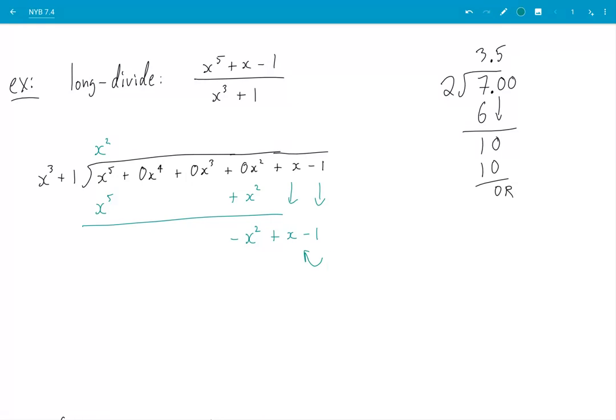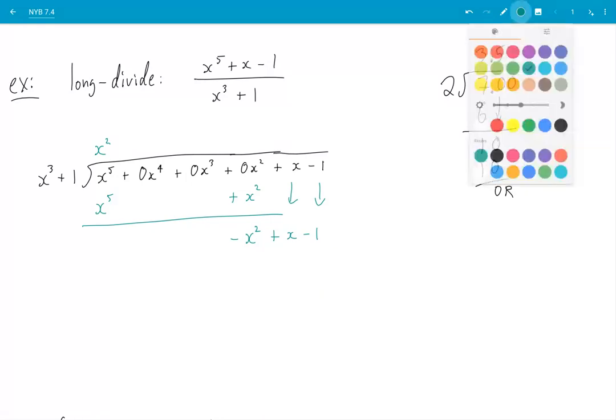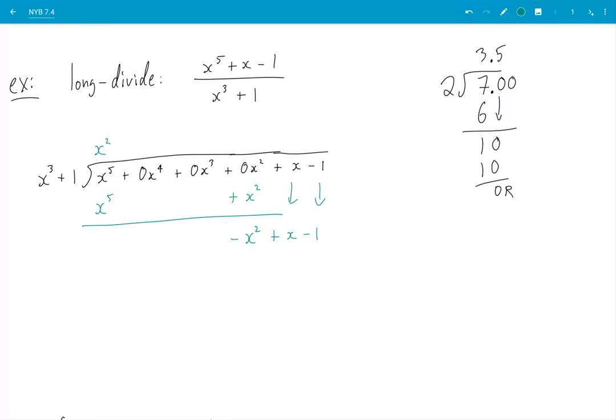Now, how do I write this out? What have I learned from this exercise? Let's go back to our example on the right. 2 into 7 was 3, 6, and then 1. And let's say we were to stop there.